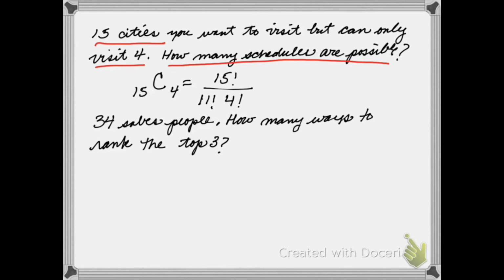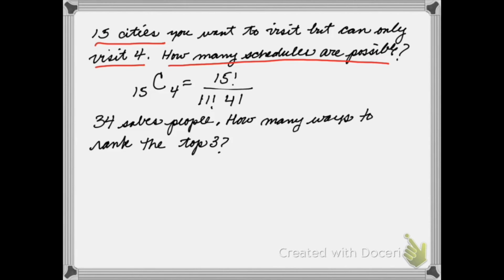In addition to using the formula to get to the factorials, you can also just key this into the calculator. Any scientific calculator will have a key for combination and for permutation.